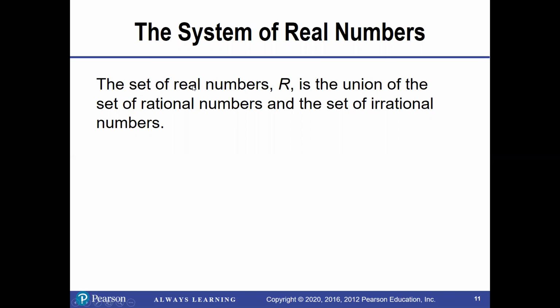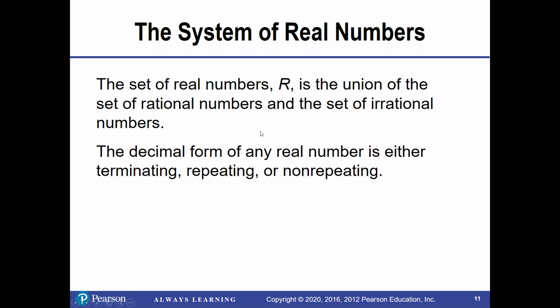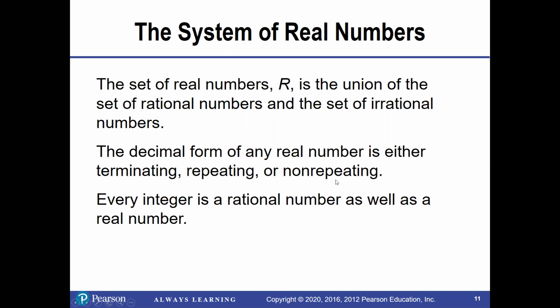All right, the set of real numbers R is the union of the set of rational numbers and the set of irrational numbers. In other words, all real numbers can be based upon rationals and irrationals. The decimal form of any real number is either terminating, repeating, or non-repeating. Every integer is a rational number as well as a real number.